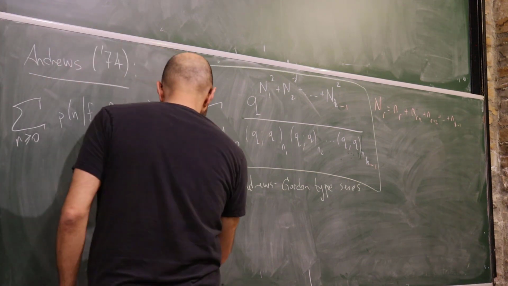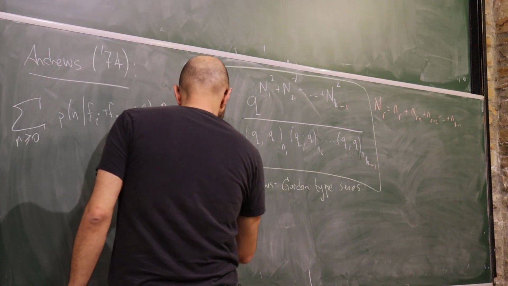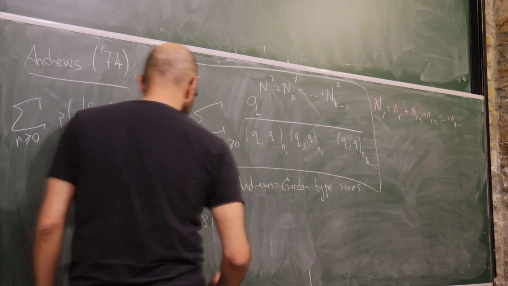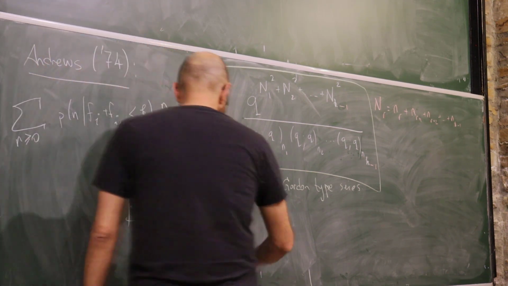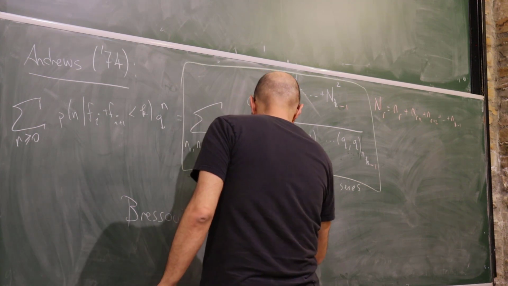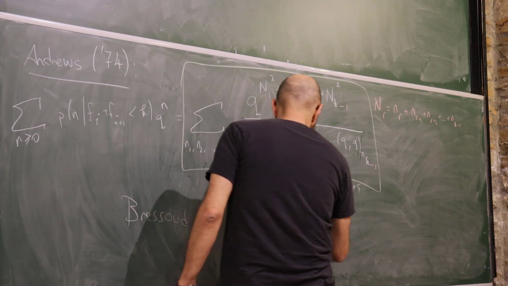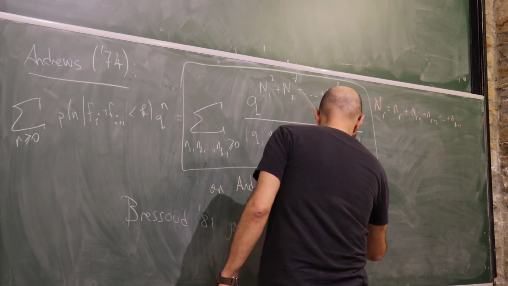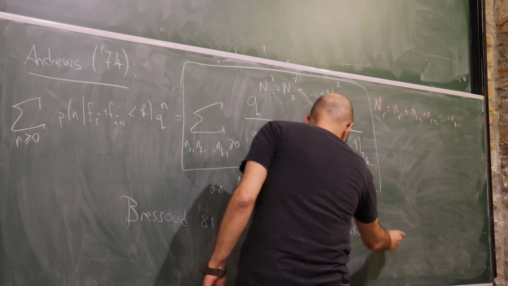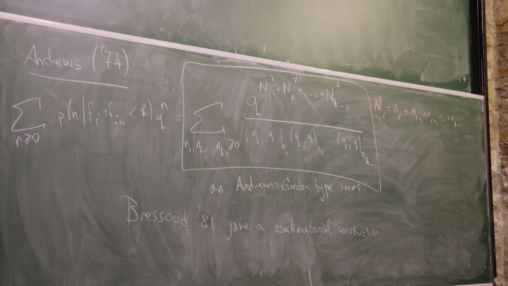So Bressoux, in 1981, gave a combinatorial interpretation, or a combinatorial construction. And I'm going to sketch you an alternative combinatorial construction of these series.